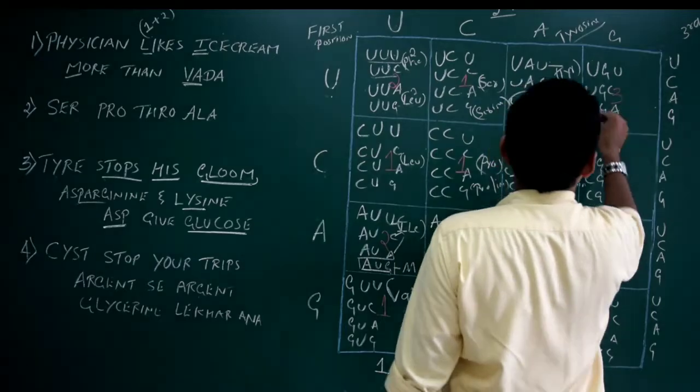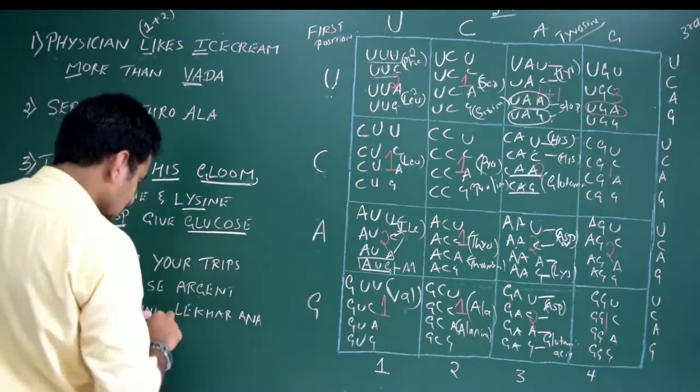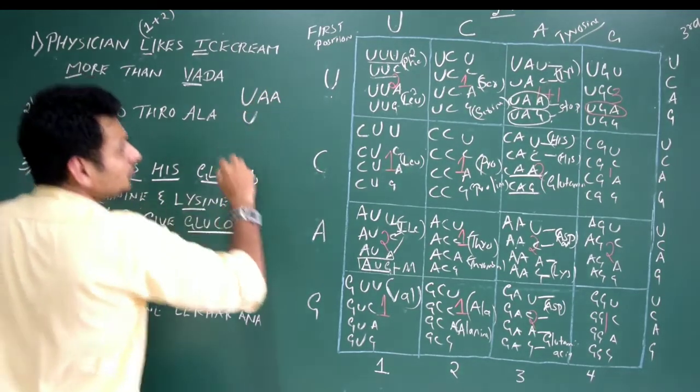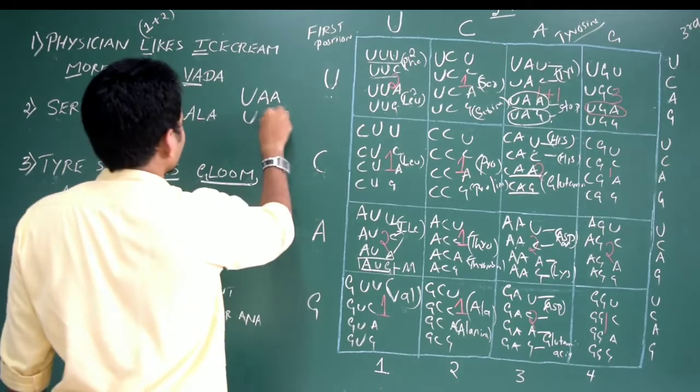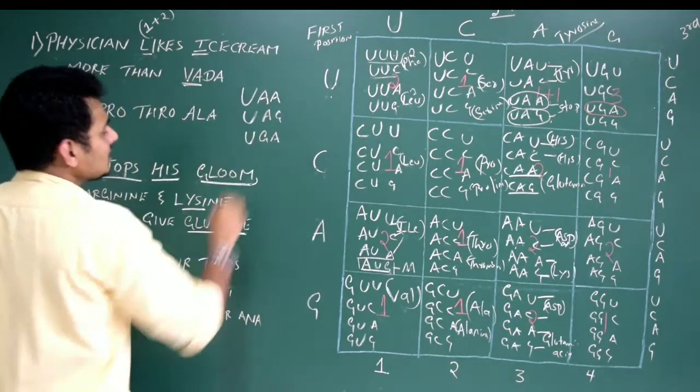Here we know about UGA. Before that, write down this point for your need: UAA, UAG, and UGA. These are the three stop codons.